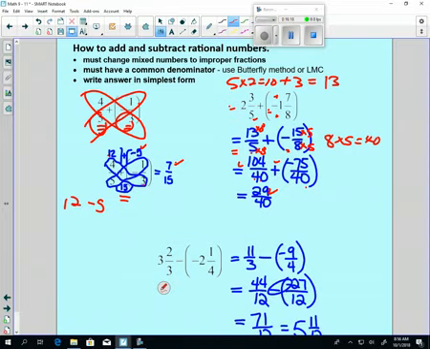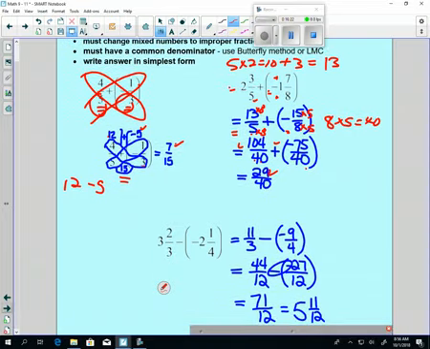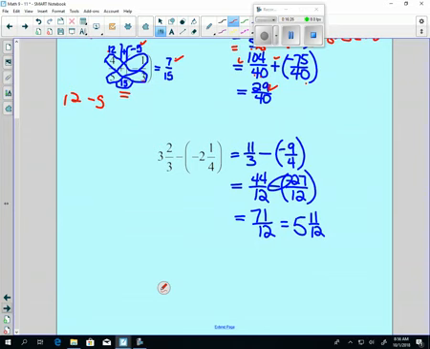And the last example is when we have a negative here. So we take 3 2/3. Remember, 3 times 3 is 9, plus 2 is 11, so that becomes 11 over 3. And here we have minus 2 times 4 equals 8, plus 1.